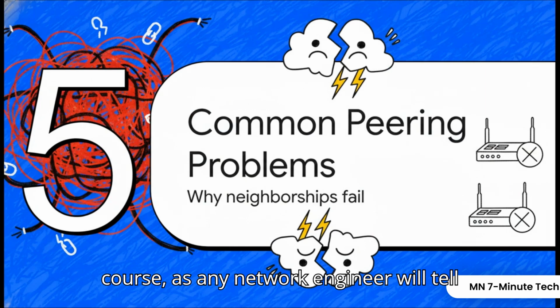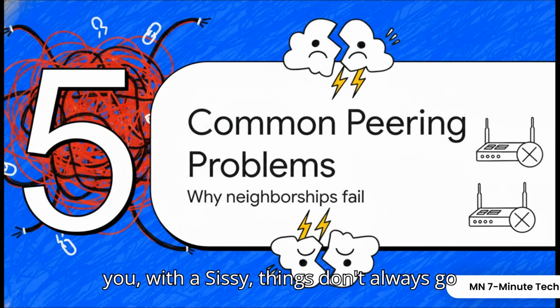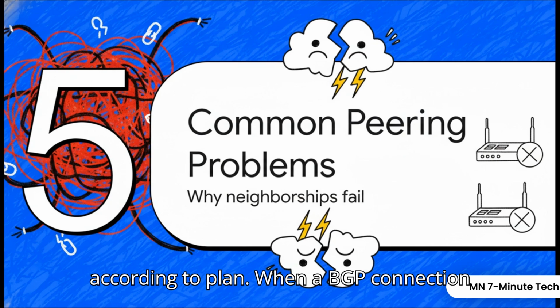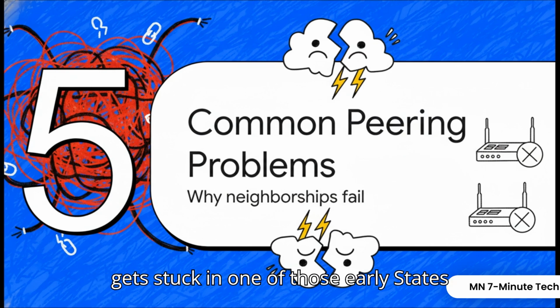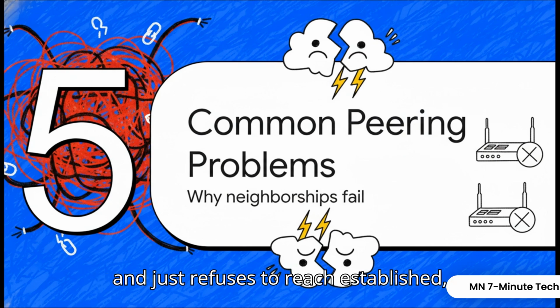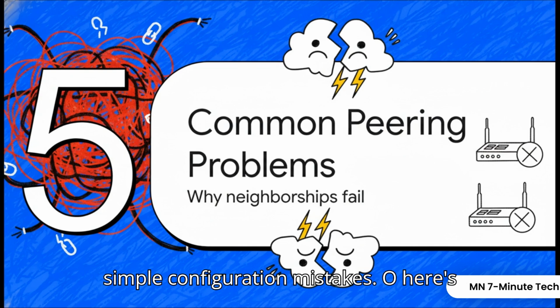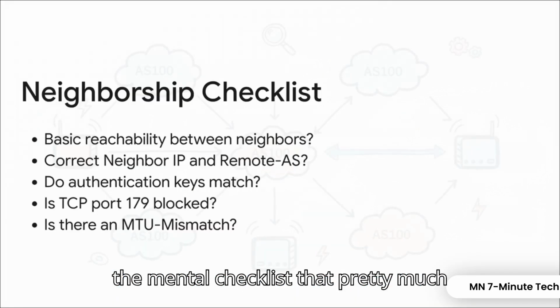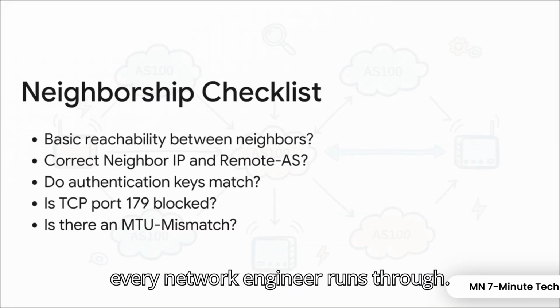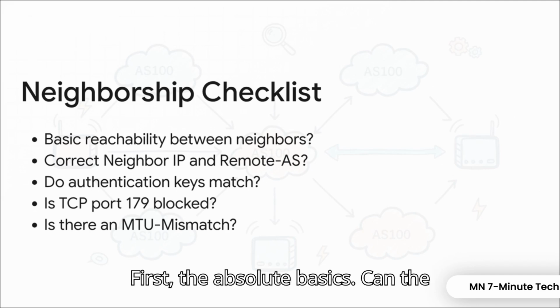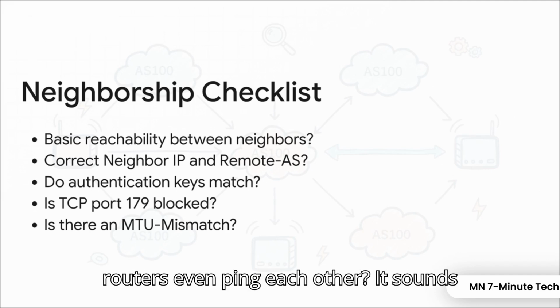Of course, as any network engineer will tell you with a sigh, things don't always go according to plan. When a BGP connection gets stuck in one of those early states and just refuses to reach established, it's almost always because of one of a handful of common and often surprisingly simple configuration mistakes. So here's the mental checklist that pretty much every network engineer runs through. First, the absolute basics. Can the routers even ping each other?